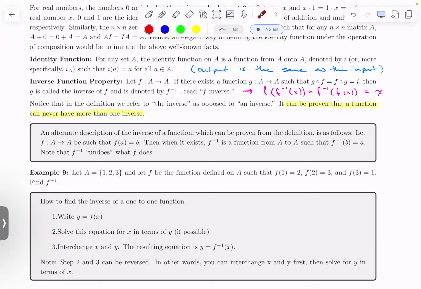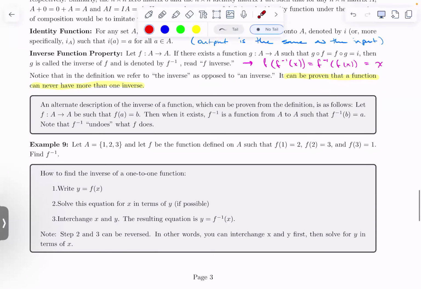As an itty bitty example, if A is the set 1, 2, 3, and f of 1 is 2, and f of 2 is 3, and f of 3 is 1, then f inverse of 1 is going to take 1 and return 3, because it's moving backwards.